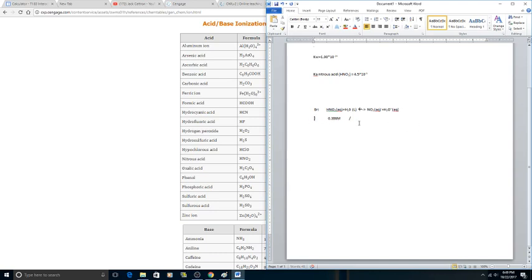It's an ICE table, and it's going to help us figure out how to create our equilibrium equation. So we put in our initial amounts. I is for initial. But we don't put anything for a liquid. H2O is liquid. This is 0. Everything initially on the right side is 0.